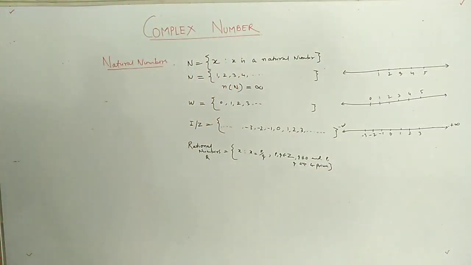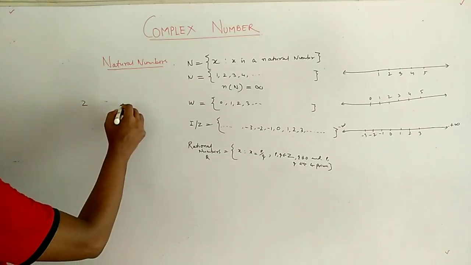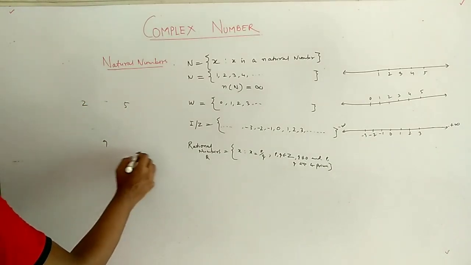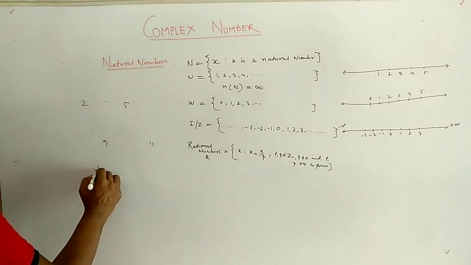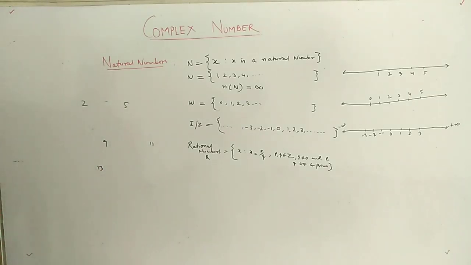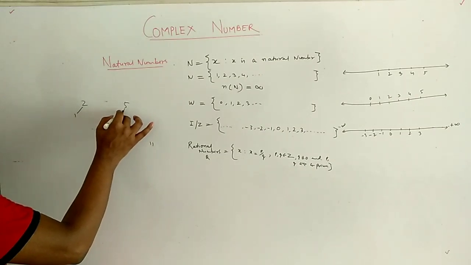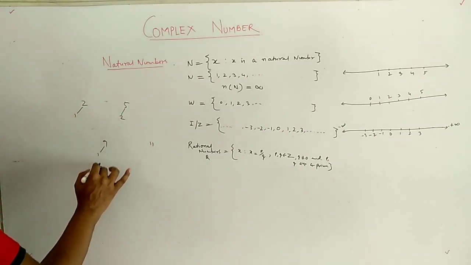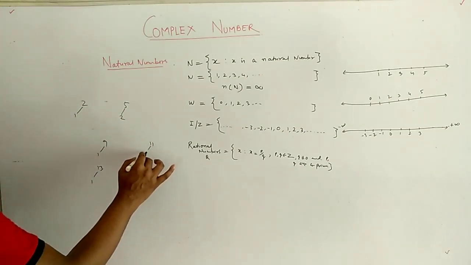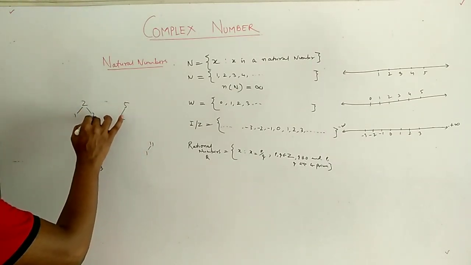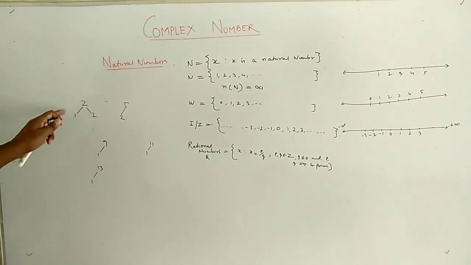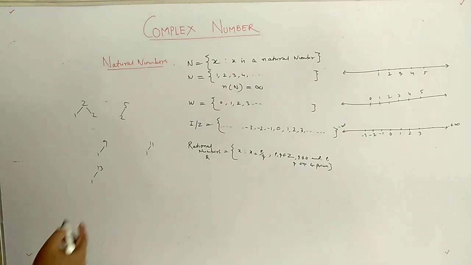What are co-primes? Co-primes means the numbers which have 1 as the only common factor. If you take any numbers like 2, 5, 9, 11, 13, then you know that every number is divisible by 1. These are the factor trees. Every number is divisible by 1 and by itself.